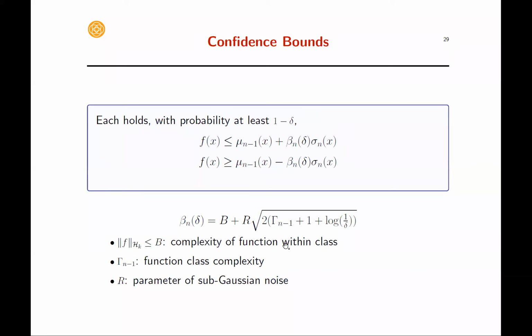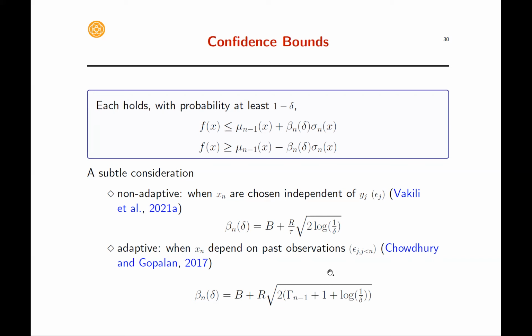But there is a subtle consideration about this beta which I want to emphasize. The formula at the bottom, which is very popular from the paper by Chowdhury and Gopalan in 2017, which was initially on linear bandits but extends this to kernel-based bandits, is under the assumption that the x_n are selected adaptively.